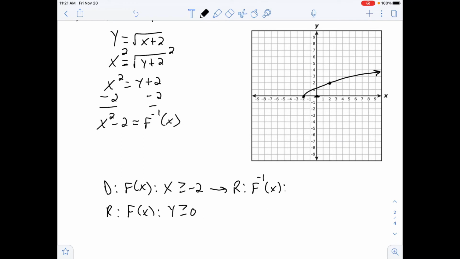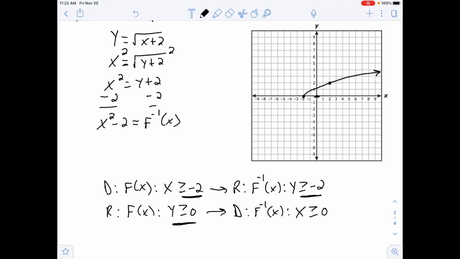So then if the domain of f of x is greater than or equal to negative 2, that means the range is going to be y is greater than or equal to negative 2 for the inverse. See how the values are the same. Of course, this has to be a y as opposed to an x because it's range. That means that the domain of the inverse is going to equal what this is here, but of course with an x, so x is greater than or equal to 0.